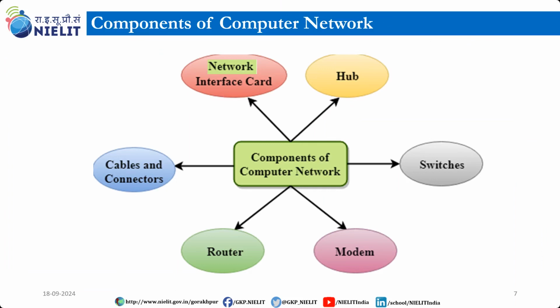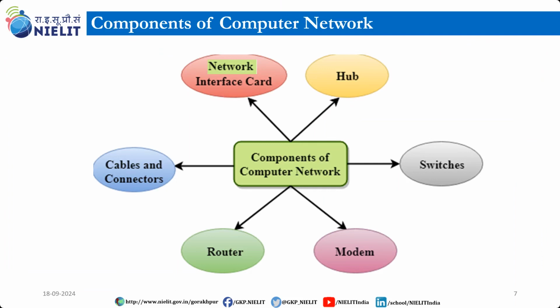For optical fiber, there can be different types of NIC card. For wired cable, there can be different types of NIC card. Similarly, for a Wi-Fi network, there is a Wi-Fi based NIC card. The Bluetooth module is different.